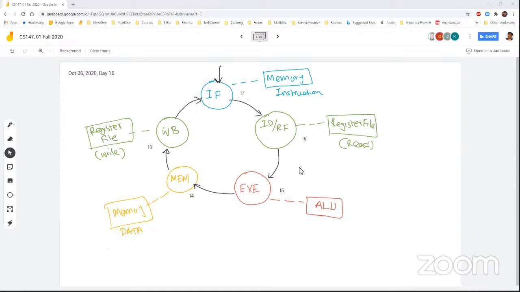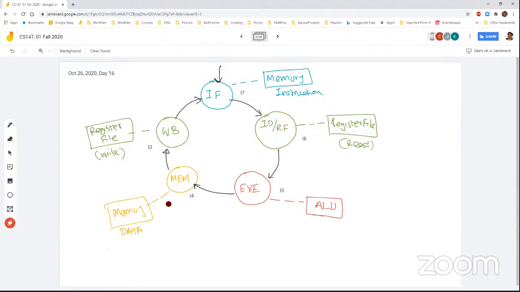Structural hazard, for example, is when your I3 is trying to write into the register file, and I6 is trying to read from the register file. So they're using the same resource. That's a structural hazard. Similarly, while we are trying to fetch I7 from the instruction memory, I4 may be trying to write into that memory, right?